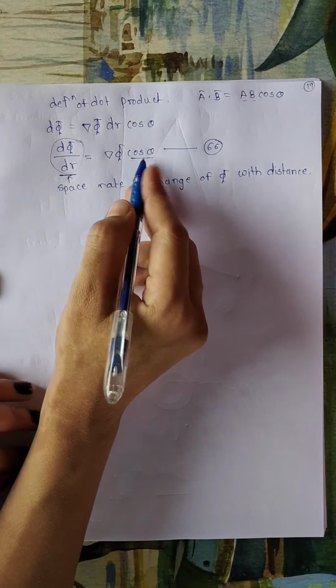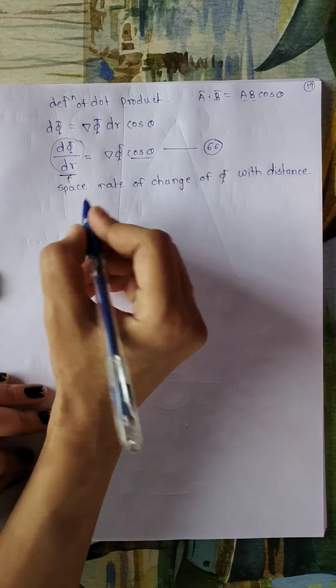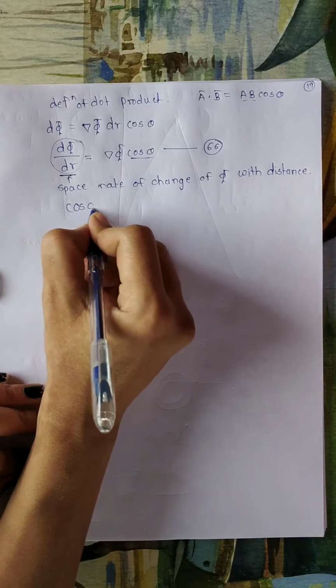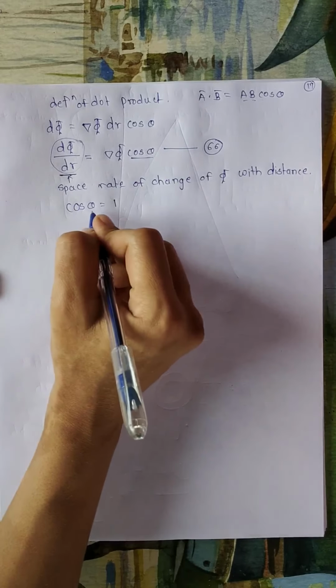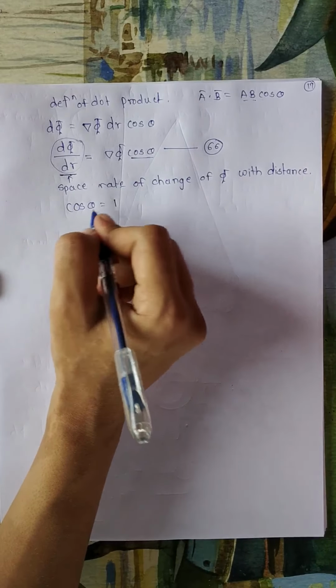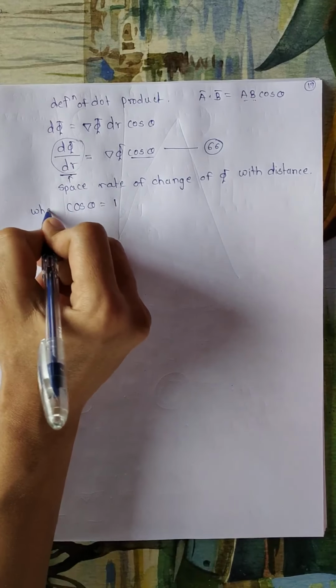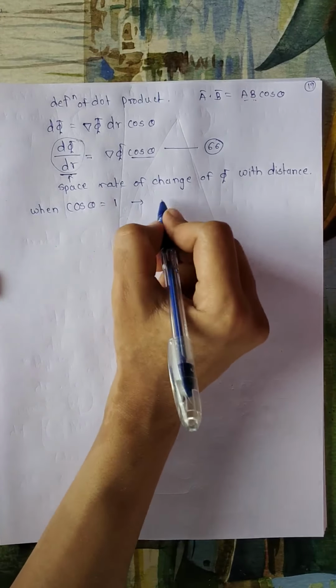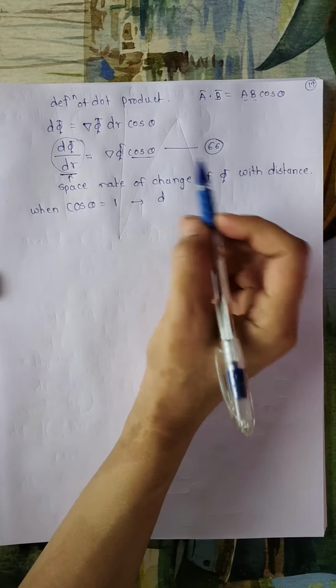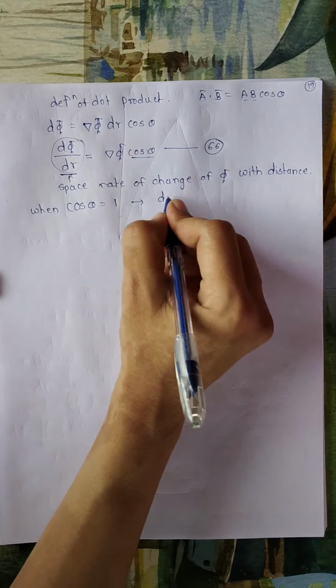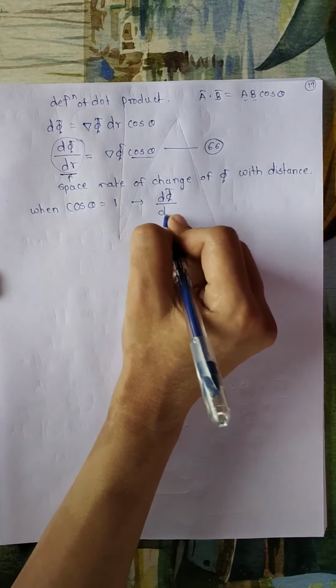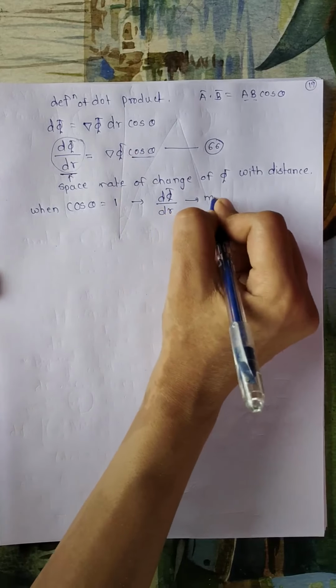What is the maximum value of cos theta? The maximum value of cos theta is 1 when theta is 0, that is cos 0 is 1. So when cos theta is 1, at that point the space rate of change of phi with distance, that is d phi upon dr, will be maximum.